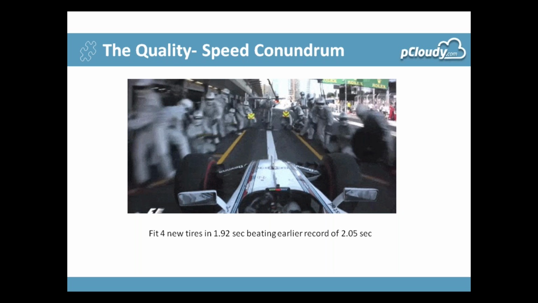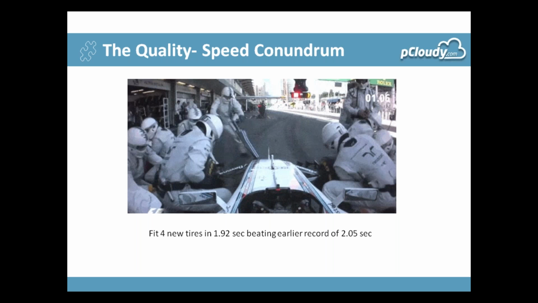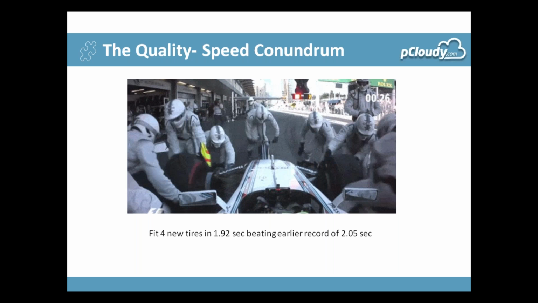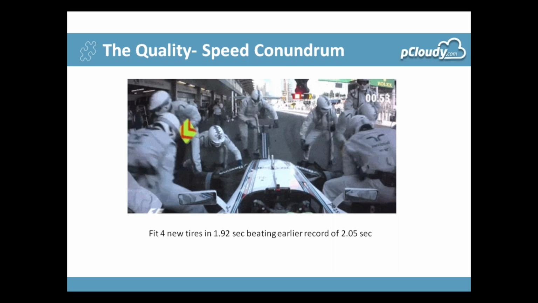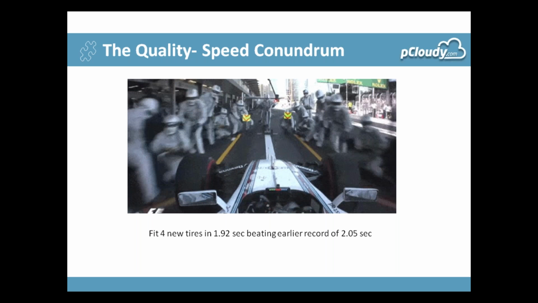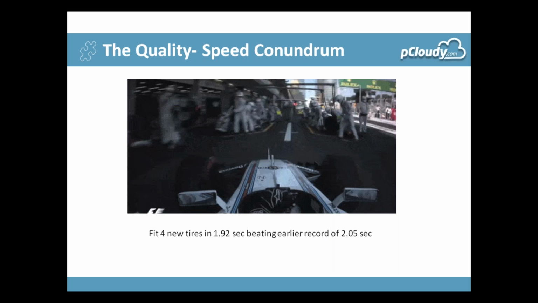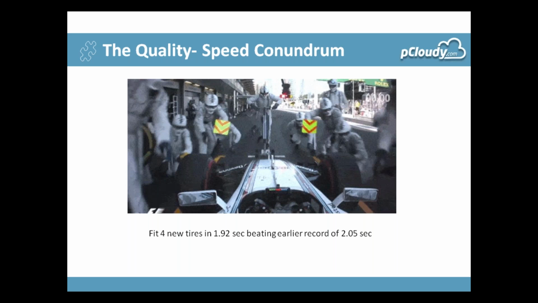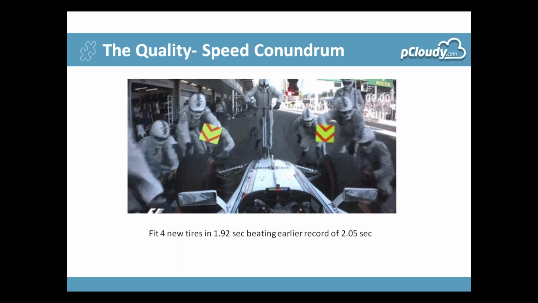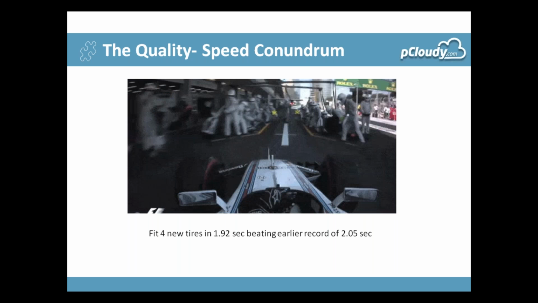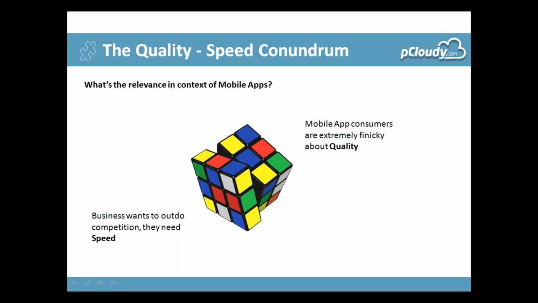And can you imagine that within 1.92 seconds, the pit stop team was able to replace all 4 tires along with refuel? And in this time frame, can they afford any error? Absolutely not. And isn't it really amazing? So with this analogy, how is this relevant in the context of mobile apps?